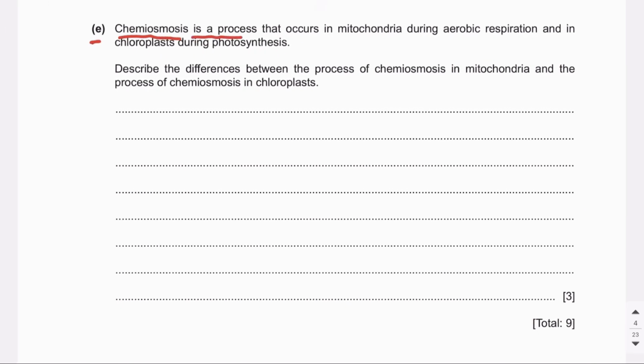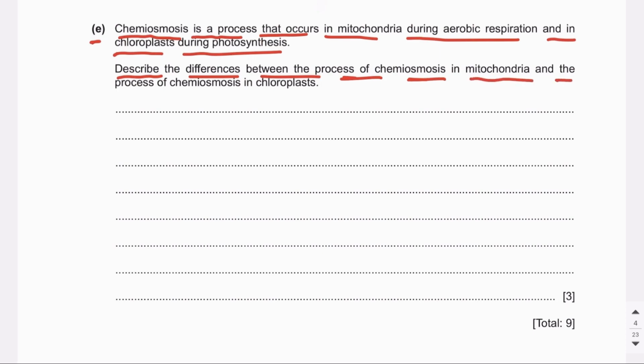Chemiosmosis is a process that occurs in mitochondria during aerobic respiration and in chloroplasts during photosynthesis. Describe the differences between the process of chemiosmosis in mitochondria and the process of chemiosmosis in chloroplast. So guys, we all know that chemiosmosis occurs both in mitochondria and in chloroplasts. So we need to differentiate between the processes.